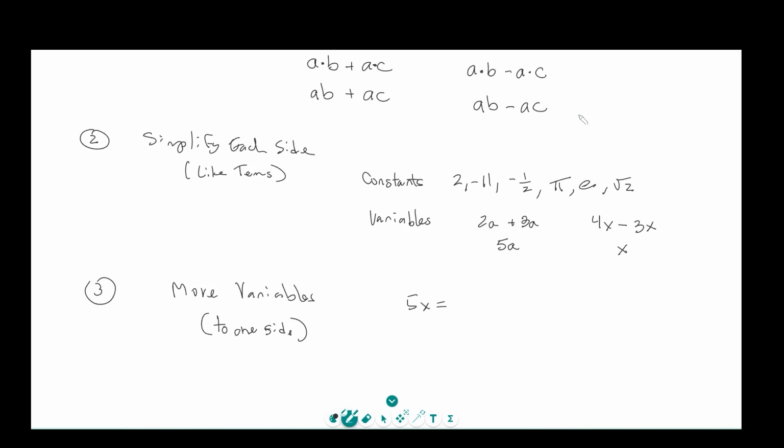So for example, 5x equals 2x plus 3. We're going to want to move the x's all over to one side. So I want to subtract 2x on both sides, and that leaves me 3x equals 3. So that's what I mean by moving variables to one side.